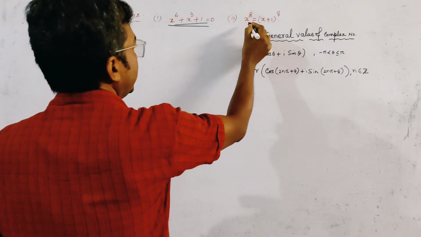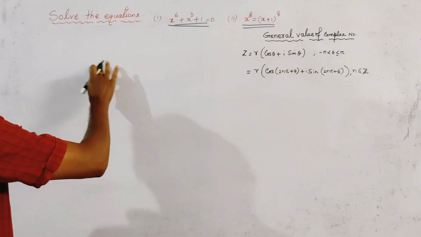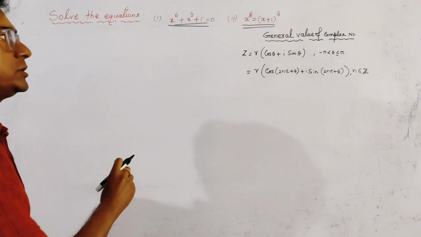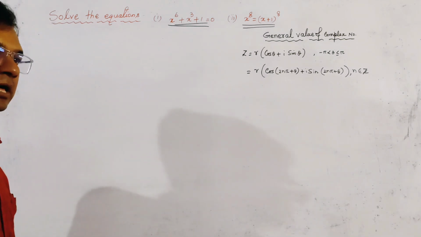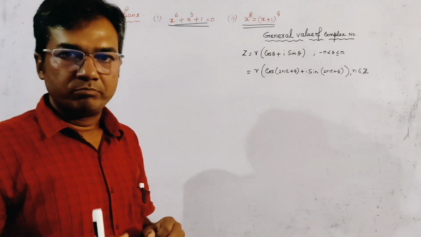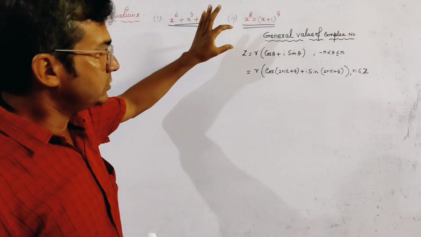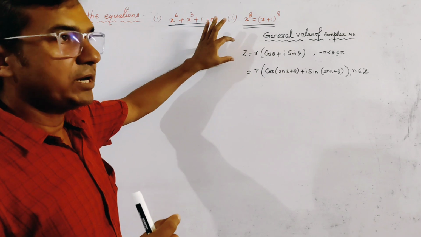We have to find the solution of these two, and obviously these two equations can be solved by using complex numbers. We use the complex number in polar form, and an important property of complex numbers.